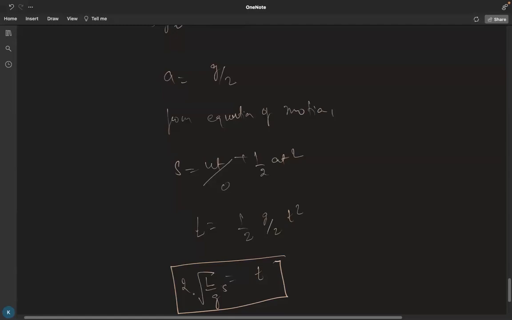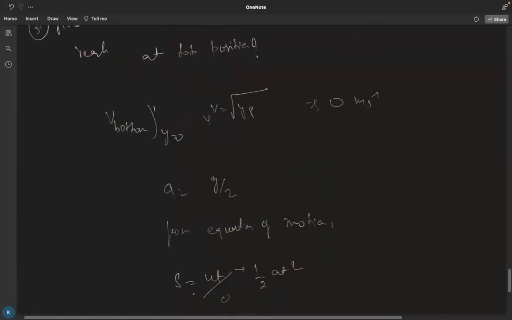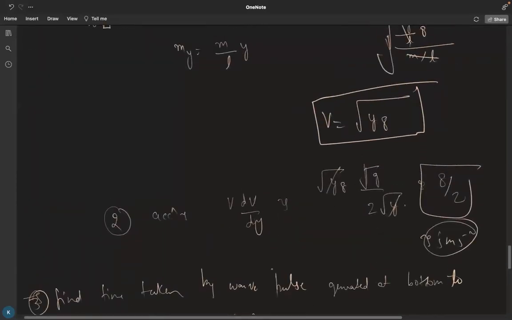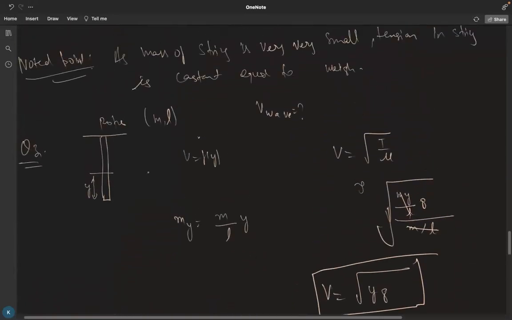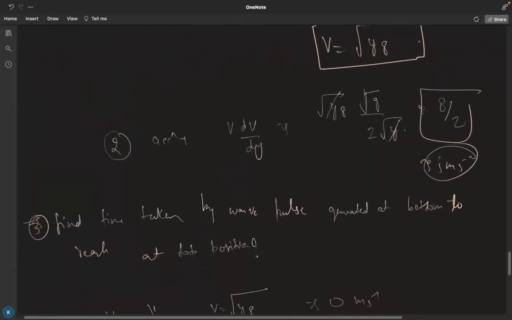And one more thing you can do: how long the wave pulse takes to reach the midpoint, or what is the velocity of the pulse at the midpoint. You can calculate this by integrating, because we know velocity as a function of y, so we can use v is equal to dx by dt and then integrate to calculate the velocity.